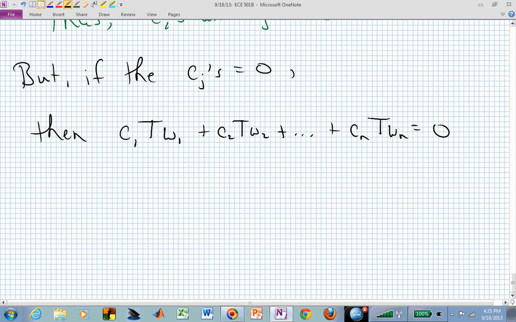If this is now equal to 0, and now we know all the c's are equal to 0 for this to be true, what's that tell us about these vectors?